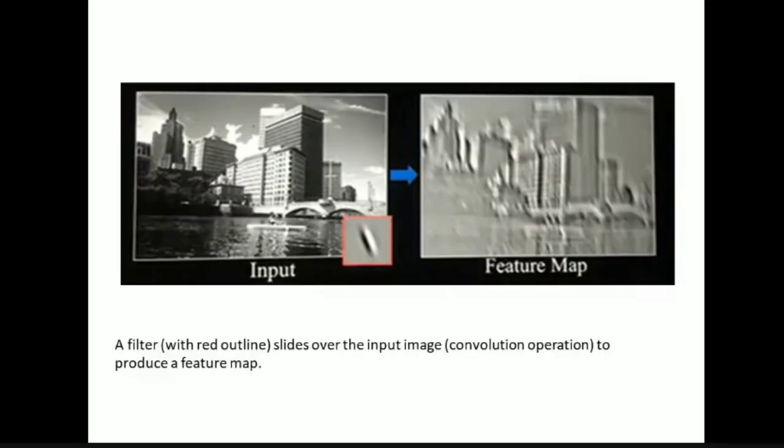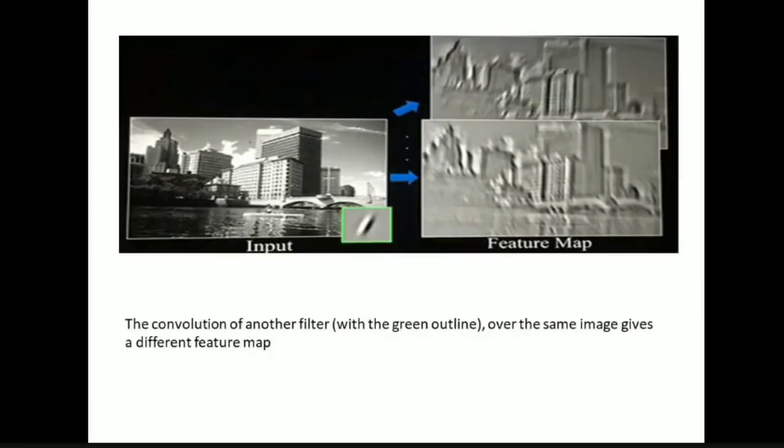Now the filter with the red outline slides over the given input image, that is, it does the convolution operation to produce one feature map. The same image, if given another filter, produces another feature map or another kind of output. So this is how we get different types of features.